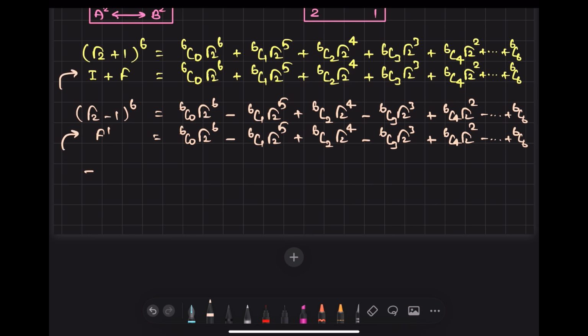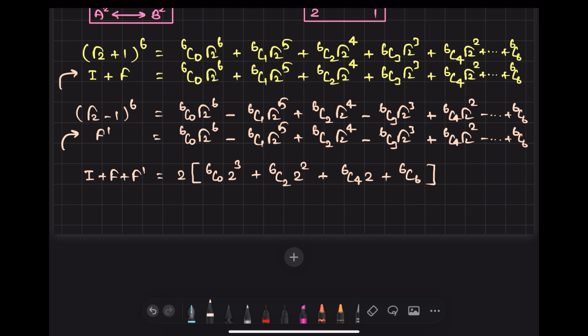So we will have I plus f dash, which equals 2 times (6C0 2 power 3, then 6C2 2 power 2, then 6C4 2, and then 6C6). We will have this many things.